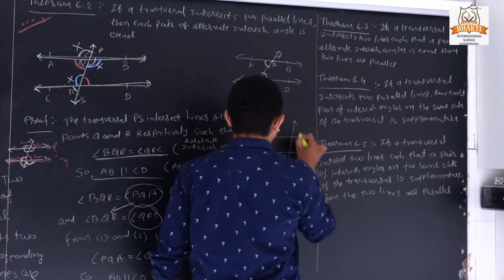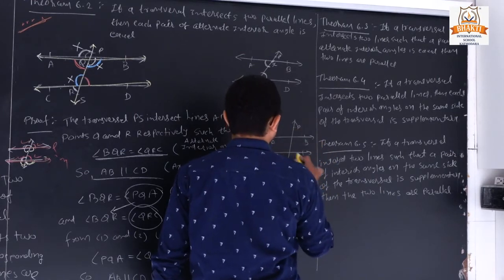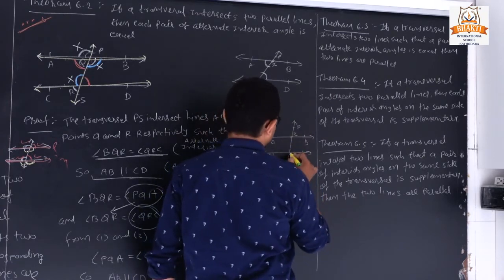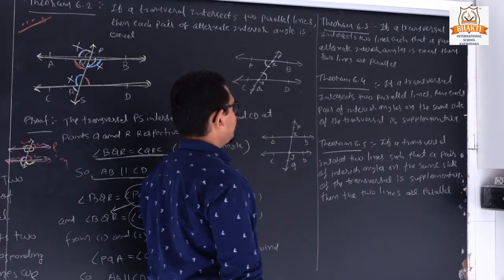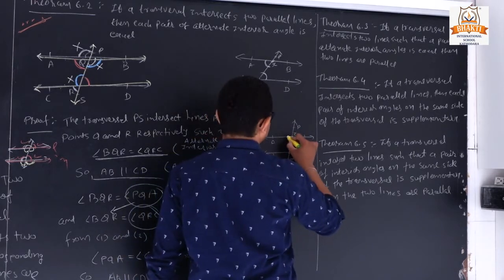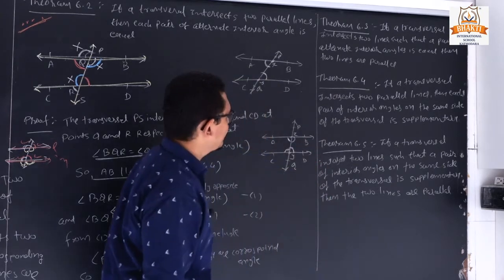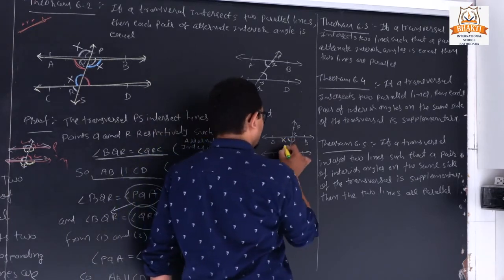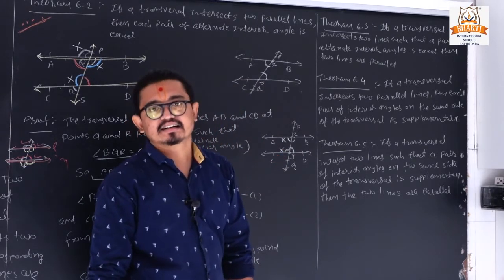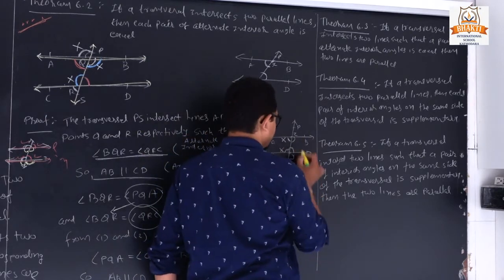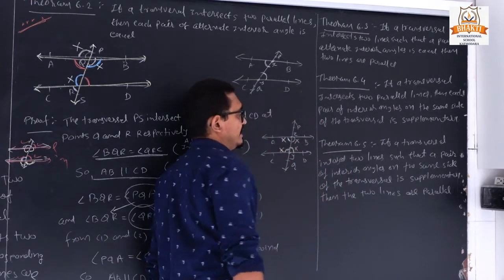Once again I am drawing AB, then CD, then PQ, and here we give the names X and Y. Now the two lines are parallel to each other, then each pair of interior angles, these four angles are interior angles. The summation of these two is always supplementary, meaning 180 degrees. The summation of these is 180, and the summation of these is also 180 degrees.